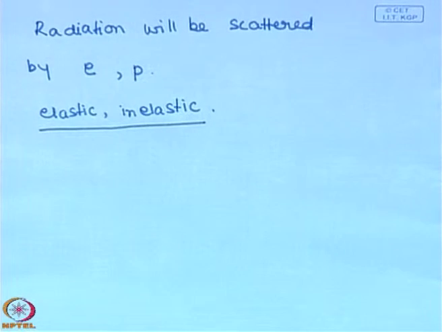Now, let us try to estimate the mean free path of the radiation inside the sun. Okay. And we know how to estimate the mean free path. We have discussed this quite some time ago when we were discussing radiative transfer.